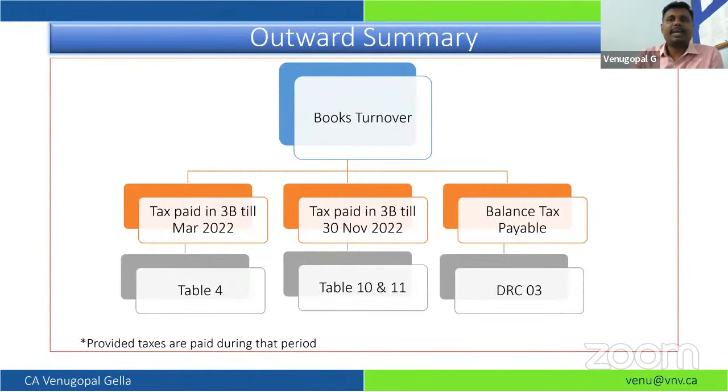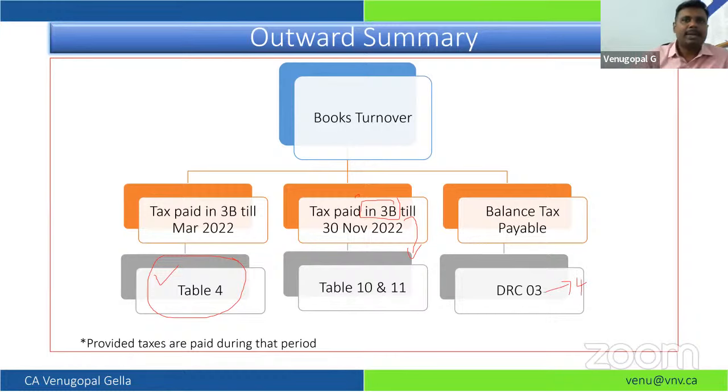What are the adjustments that you will be doing? If at all you are paying taxes subsequently using DRC 03, you will be reporting the taxes paid using DRC 03 in table 4. The taxes paid in 3B alone will come to table 10 and 11, please note. The DRC 03 will be going to table 4.